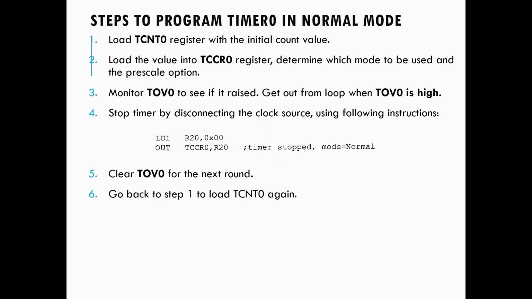So how do we program timer 0 using normal mode? Firstly, we load the initial count value into the TCNT0 register, and then we load a value into the TCCR0 register to determine which mode: is it overflow or CTC, and whether it uses the prescaler or not.